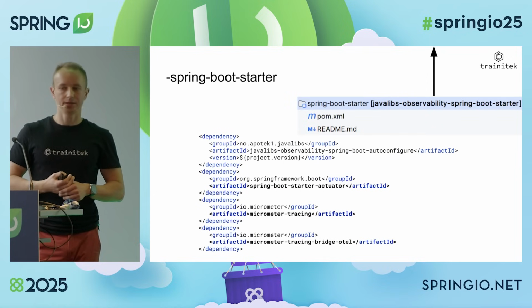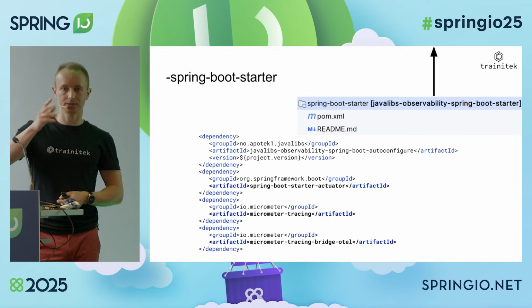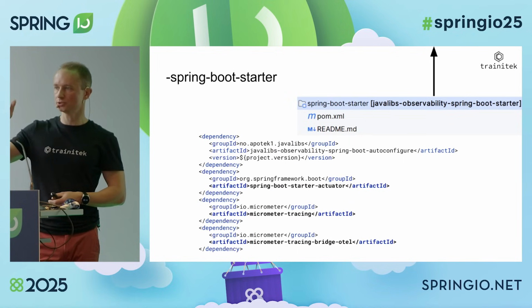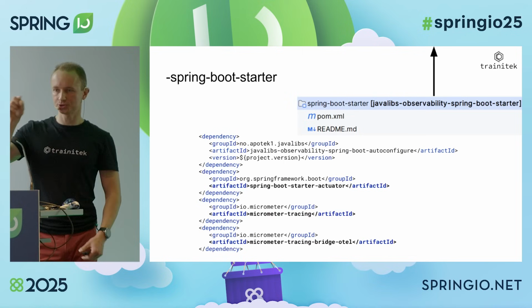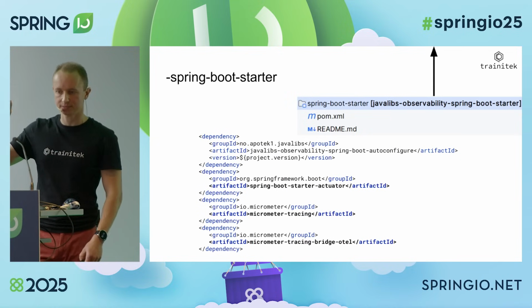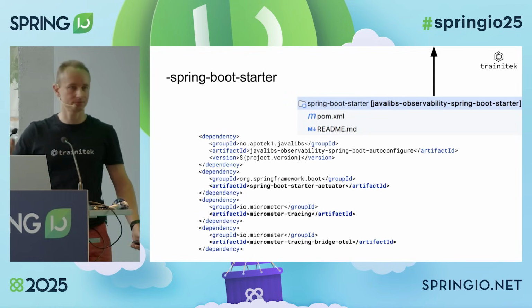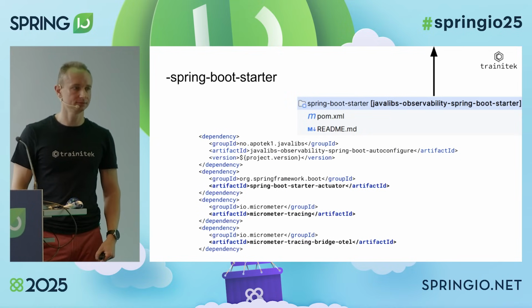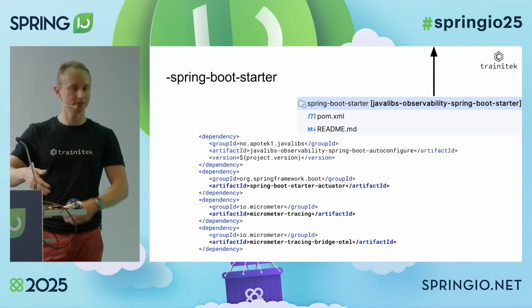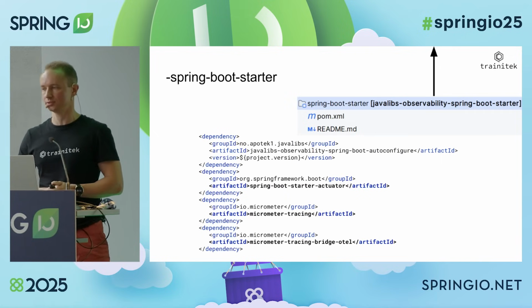All right, and if you have multiple permutations of different dependencies, it should be visible in the name of the module. Instead of Spring Boot starter, you may have, let's say, micrometer Spring Boot starter or something like that. In our case, we have only one. That's why we just call it Spring Boot starter.